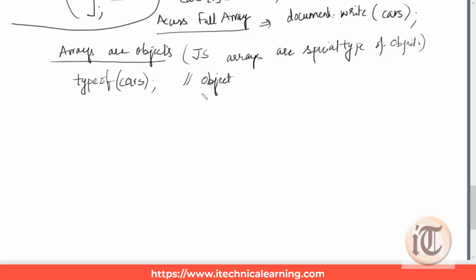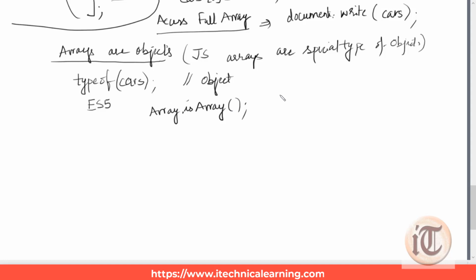Okay, but this is quite confusing, that if you are declaring an array, then why is it being treated as an object. So to overcome this, the JavaScript specification ES5, that is ECMAScript 5, has given us a way by which we can check. To check it, we can use the method called Array.isArray.